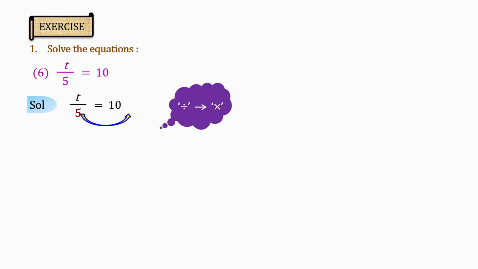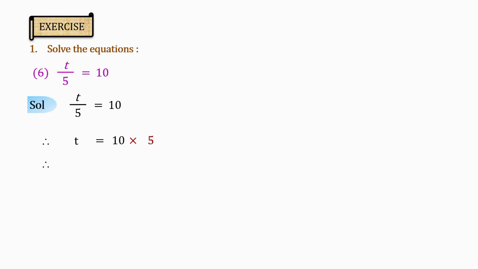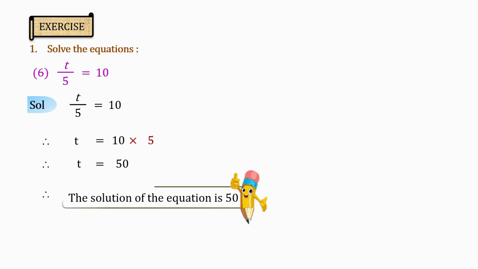Here 5 was in the denominator, that means it was divided. So now it is going to multiply. So t equal to 10 into 5. So that is t equal to 50. Therefore the solution of the equation is 50.